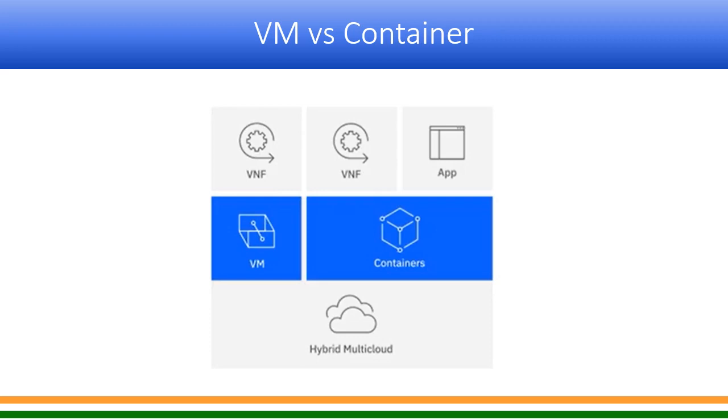So before you move into that, this particular picture shows how you can either use a virtual machine, onto that your virtual network function will operate, or you can use a container, and onto that either your VNF or any other application can operate.